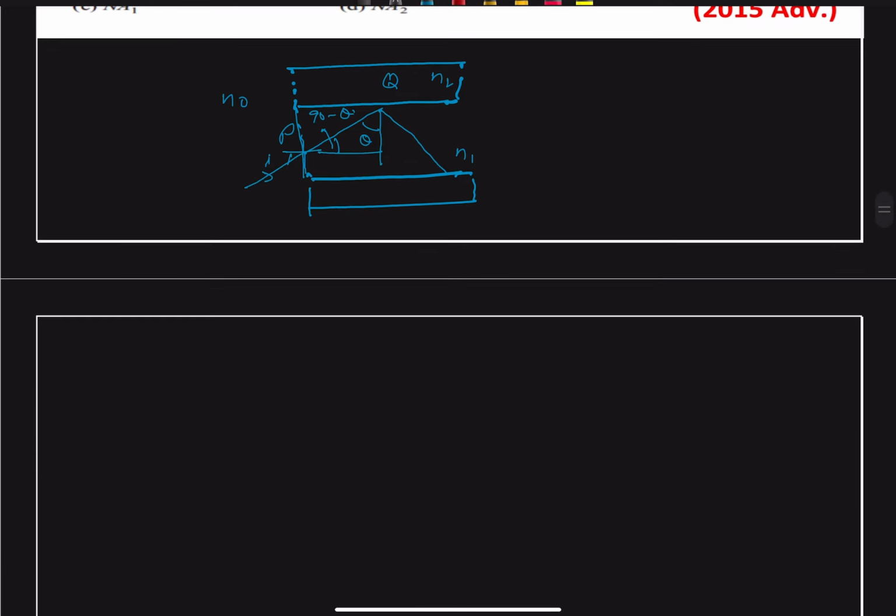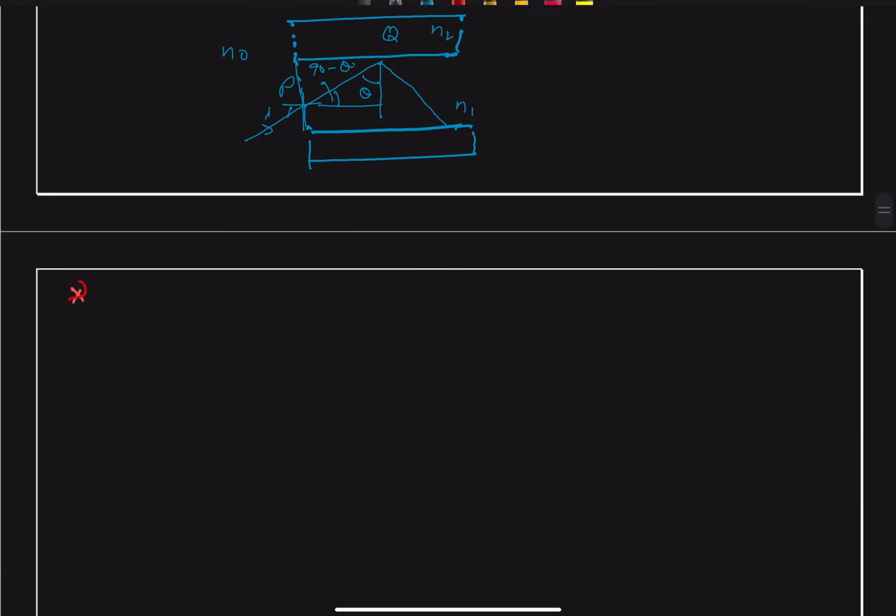So for total internal reflection, theta should be greater than or equal to the critical angle, that is theta c, and this comes as sine inverse of n2 by n1.